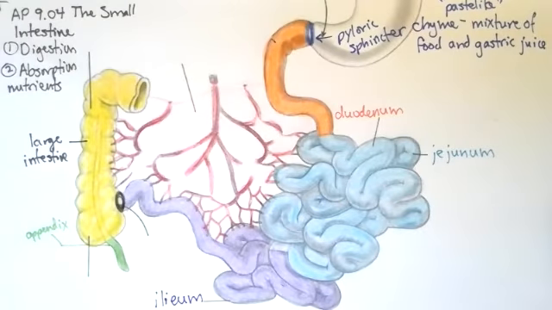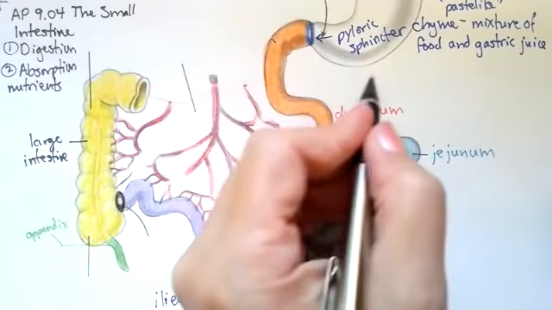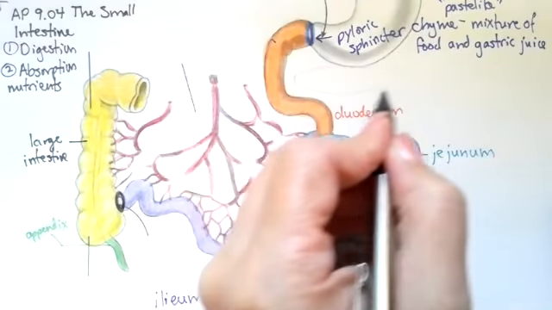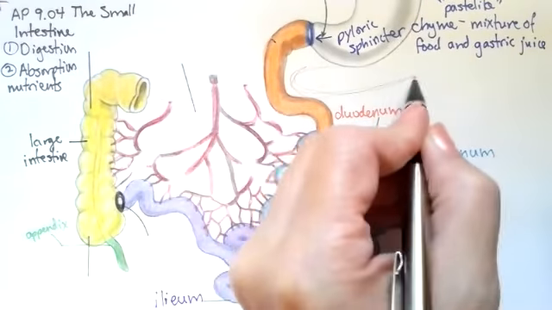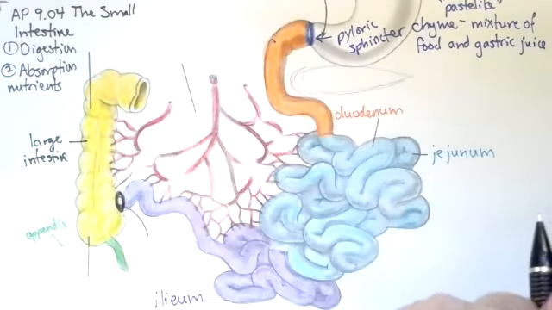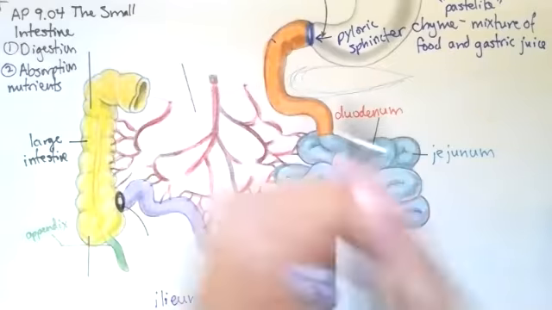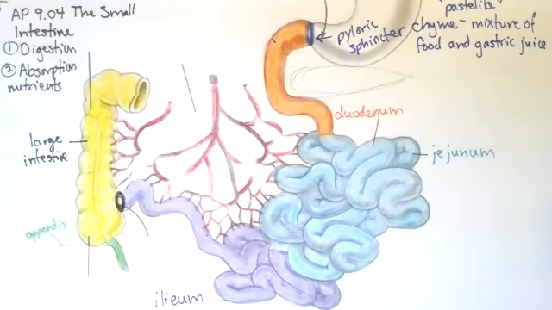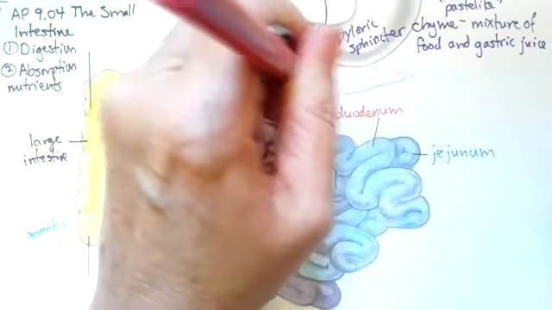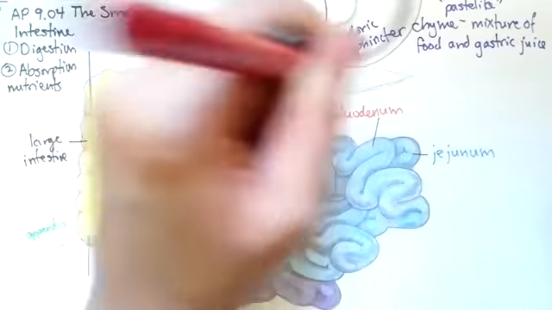All right, so let's talk about why we have different regions and what's going on. One thing I'd like you to do is sketch in, I'm just going to use pencil here, a teardrop shape. This is the pancreas, and I'm doing this in pencil so that I can write over top of it.